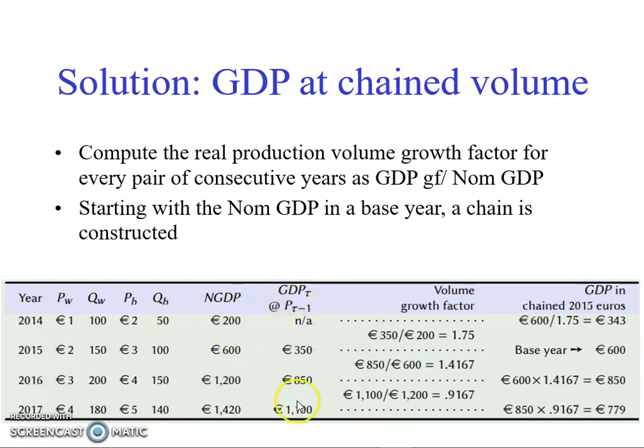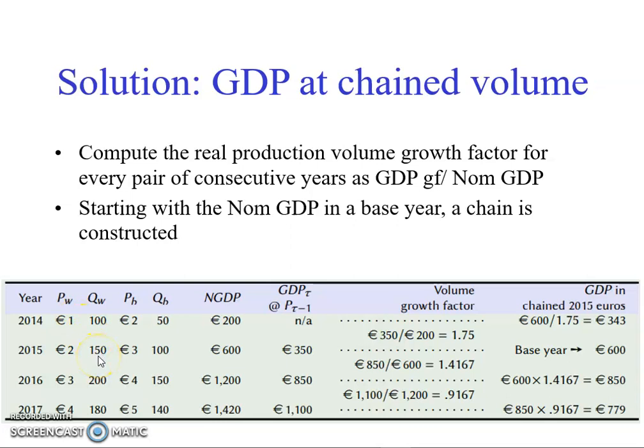And now the GDP using the prices of the previous year is easy. In 2014 we don't have the data of 2013, therefore this is not available. We start from 2015. So in 2015, as you see here, it is 350, not 600. Why? Because we are using the prices of the previous year. So we have the quantity of 2015 and the prices of the previous year.